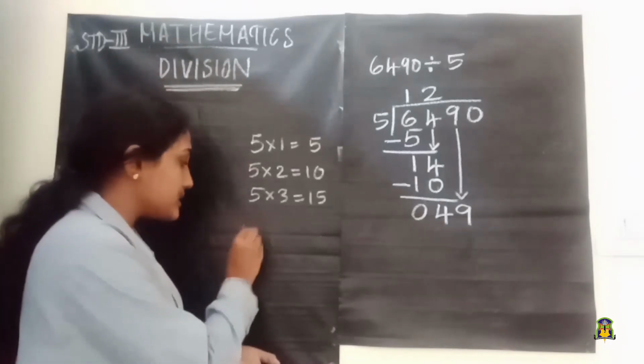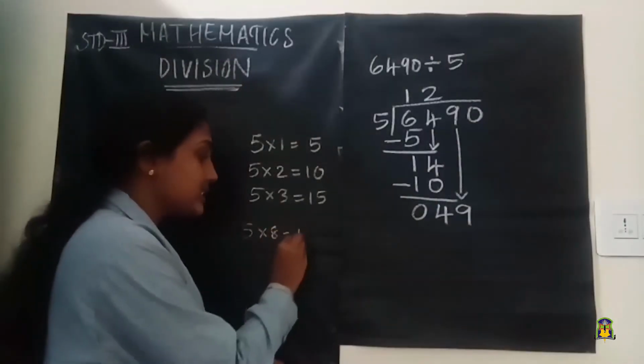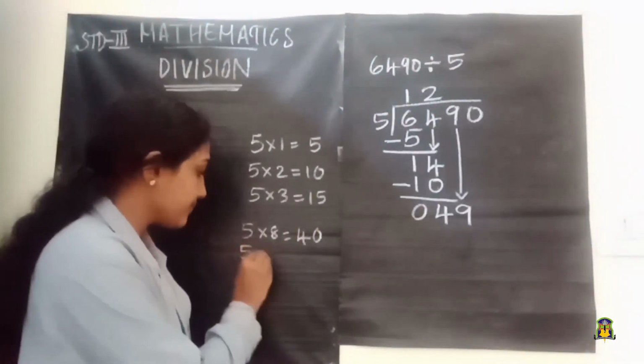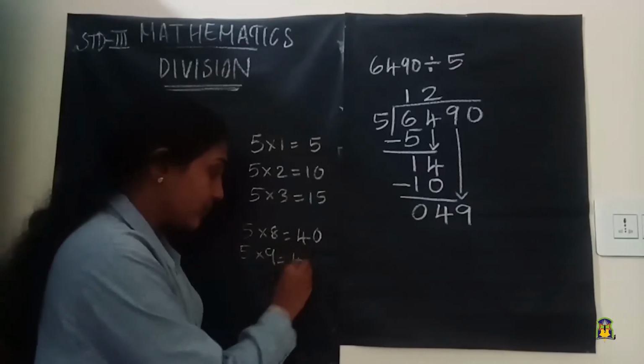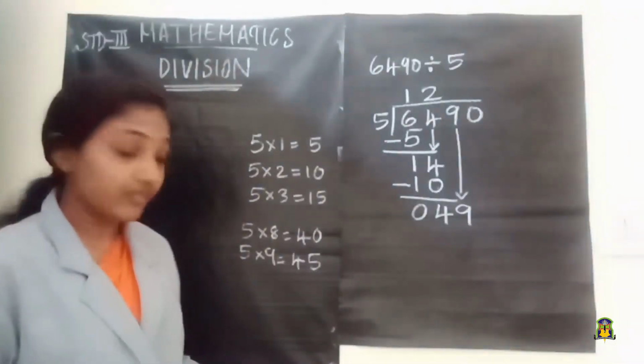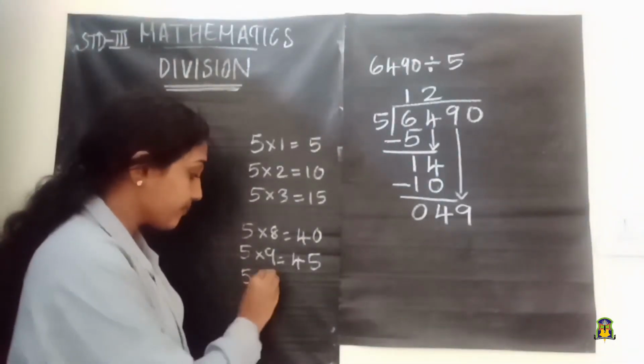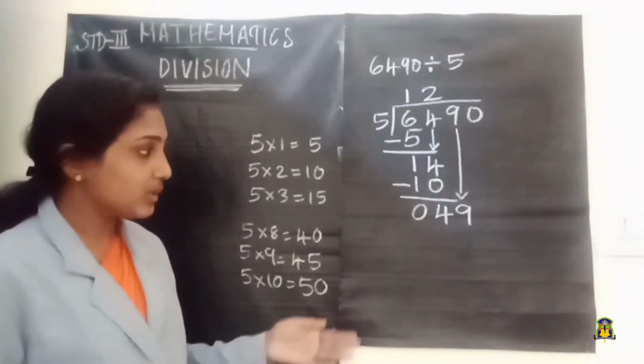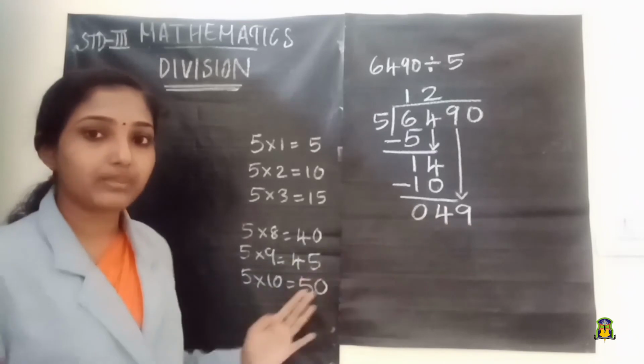Then 5 into 8 is 40. Then 5 into 9 gives 45. Again 5 into 10 gives 50. Right.